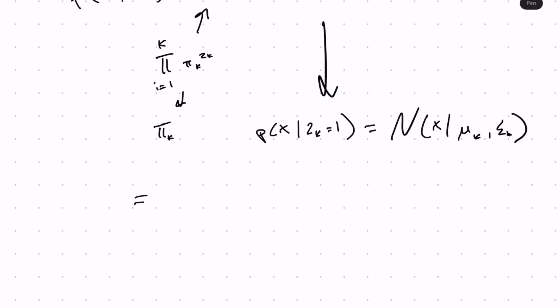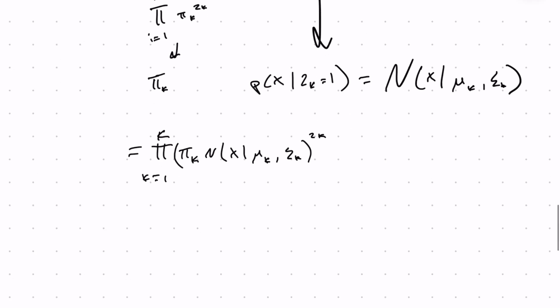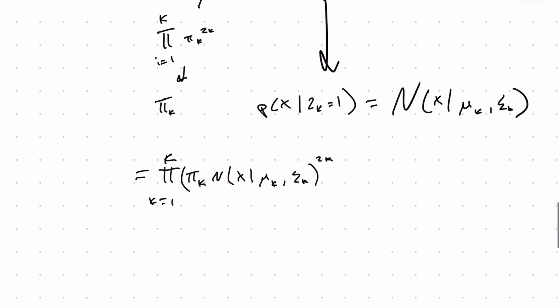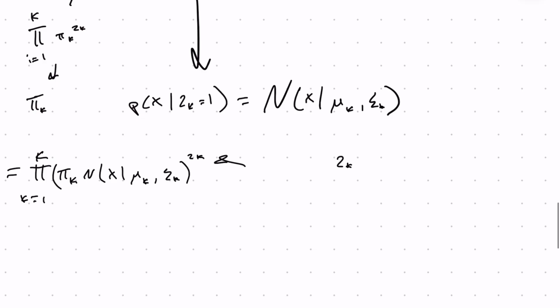So the probability of x and z, the joint distribution, is the product over k equals 1 to K. So we're going through all the different classes, and we're just combining these two things together. This is like a trick that you've got to get used to. zk is only ever 0 or 1.